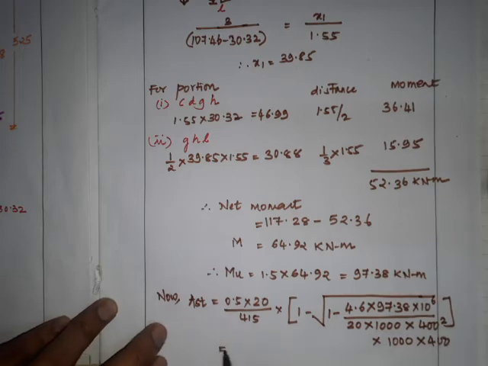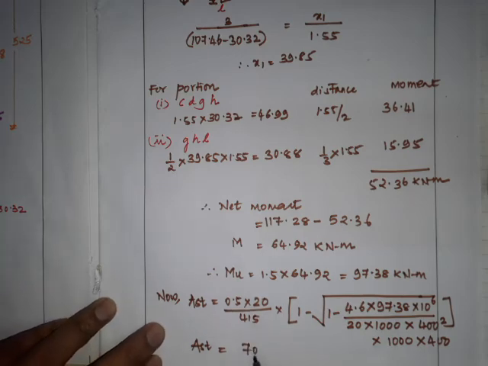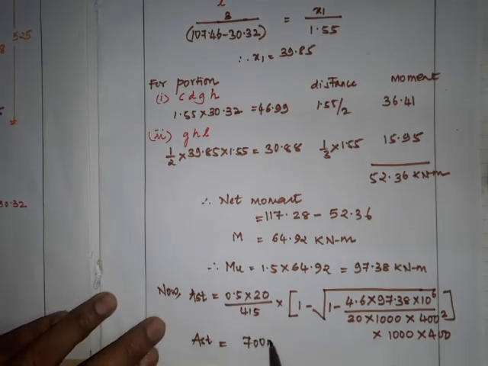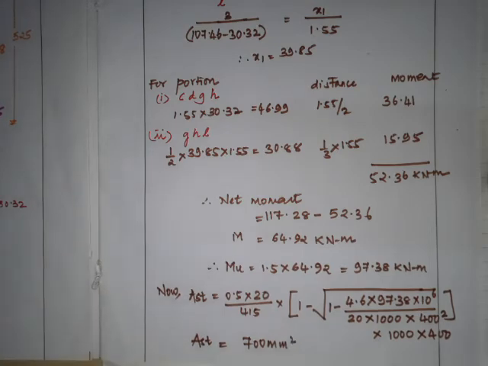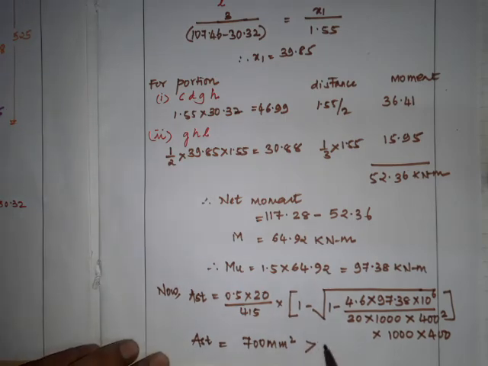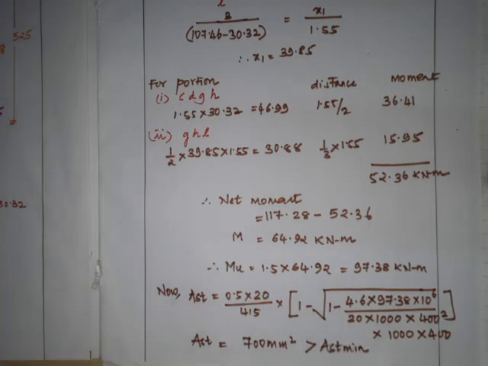So we get Ast is equal to 700 mm square, which is more than Ast minimum, and Ast minimum is 540 mm square, already calculated.